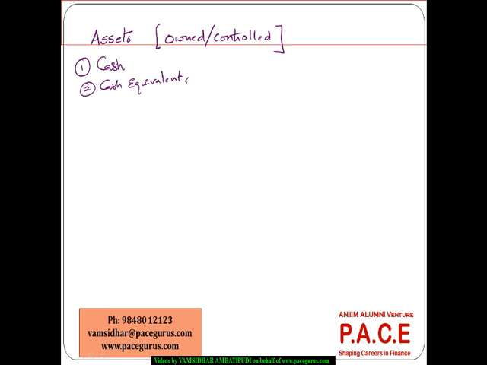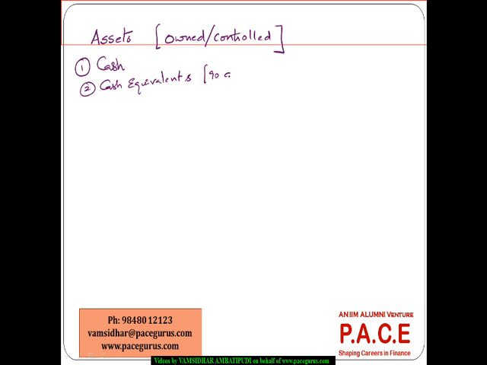So now what we can do is we can try to understand each of these elements separately. Let's say assets. What are the key accounts that go as a part of the assets? We have already discussed that assets are nothing but those resources which are owned and controlled by the firm, right? All those resources which are owned and controlled by the firm, they all get treated as assets. Some of them, just to list: cash. Then we talk about cash equivalent, something that can be converted into cash within 90 days.